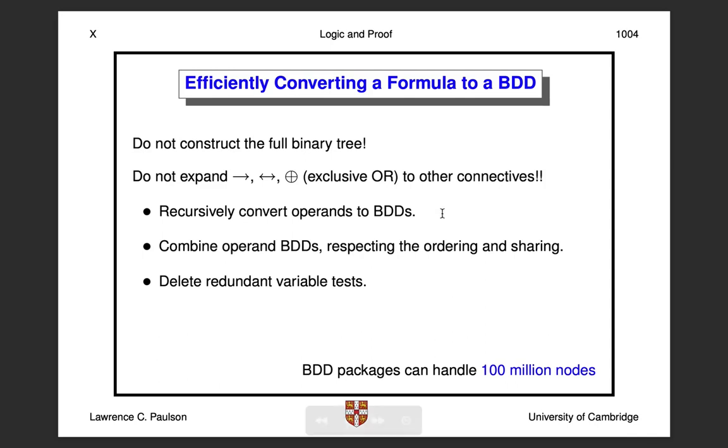It may be necessary at this point to delete some redundant variable tests, so we do that. And just as a remark, these days some BDD packages can routinely cope with 100 million nodes in a BDD, so we are interested in handling big problems.